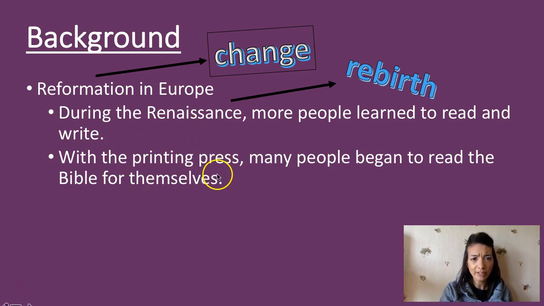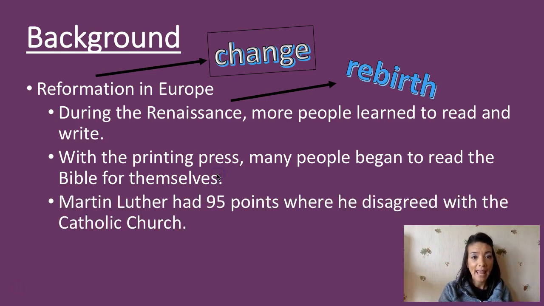Now we're going to fast forward just a little bit. During the Renaissance, many people began to read the Bible for themselves because they were learning how to read. And there was a monk named Martin Luther, and he did know how to read and write, but he disagreed with 95 different ideas of the Catholic Church.